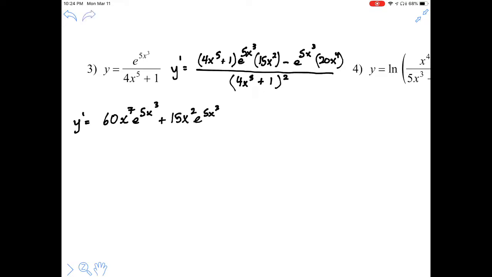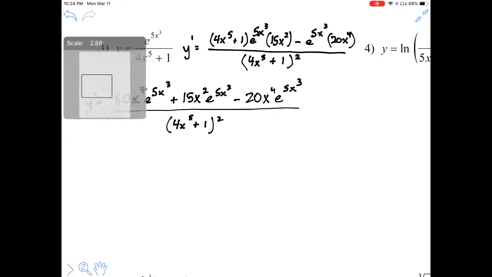And then multiplying there, we can get minus 20x to the 4th times e to the 5x cubed all over our denominator squared. That'd actually be okay if you left it like that.